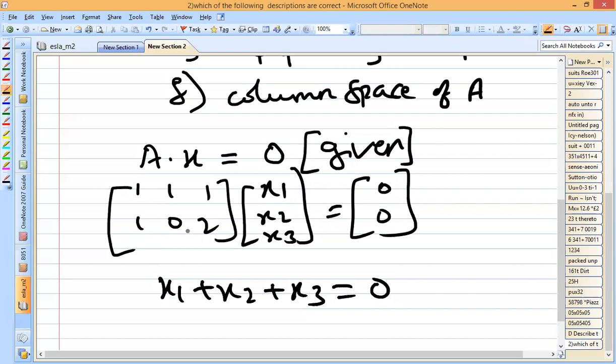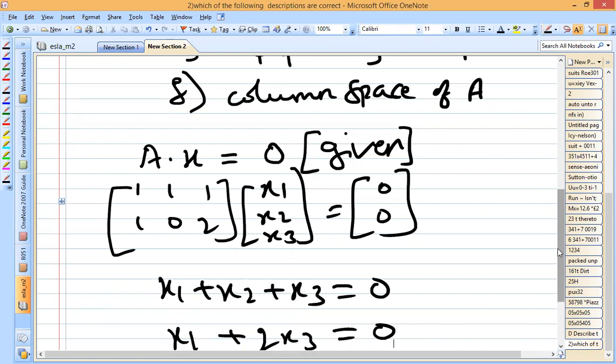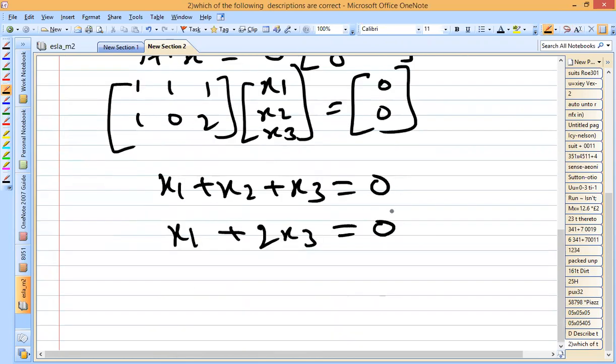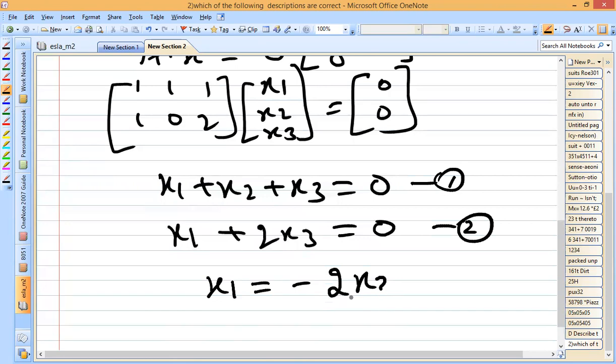Similarly, when you write the equation for the second row element of A, we'll be getting 1 into X1 is nothing but X1, plus 0 into X2 is 0, plus 2 into x3 is equal to 0. Whatever may be the product, it will be resulting in the value 0. You can take these as equation 1 and 2. From equation 2 you can write x1 is equal to minus 2x3.